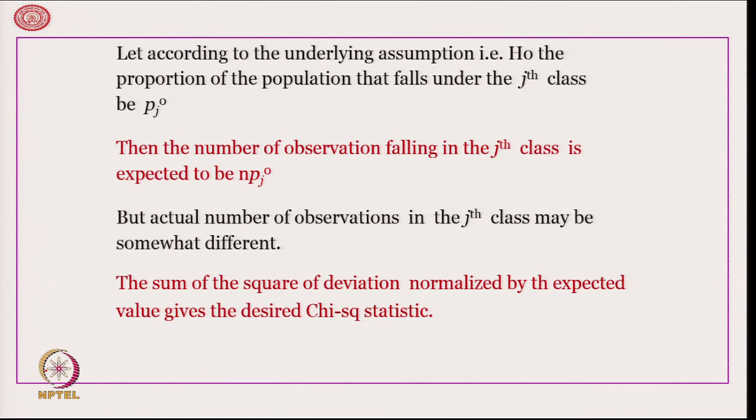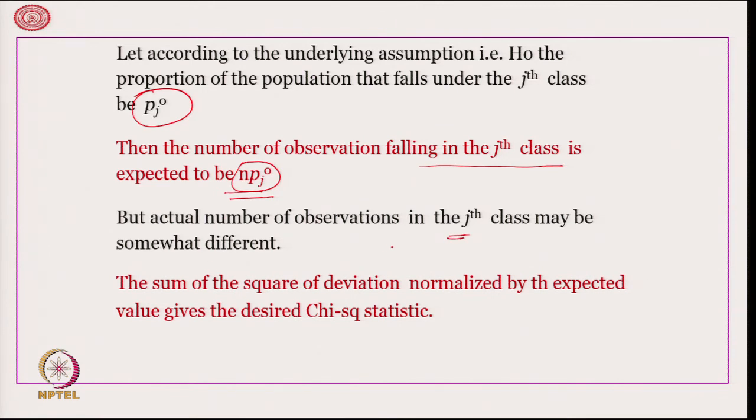Let, according to the underlying assumption, that is H naught, p j 0 be the proportion of the population that falls under the jth class. Then the number of observations falling in the jth class is expected to be n p j 0, because this is the population proportion and n is the sample size. But the actual number of observations in the jth class may be somewhat different, as we have already seen.